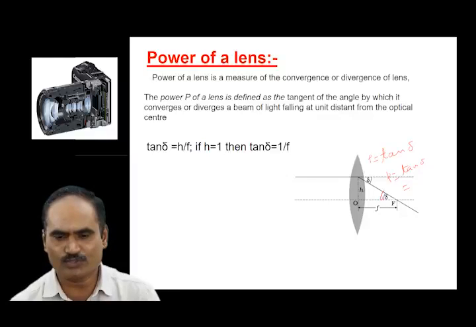That is equal to opposite by adjacent, that is H by F. P is equal to H by F. But how much is H? And should the light ray be from here or from here or from here?